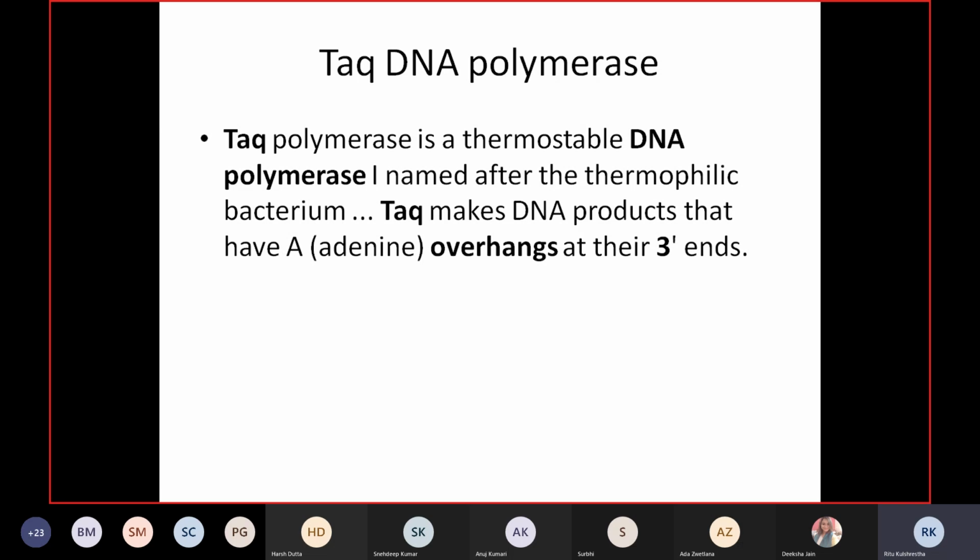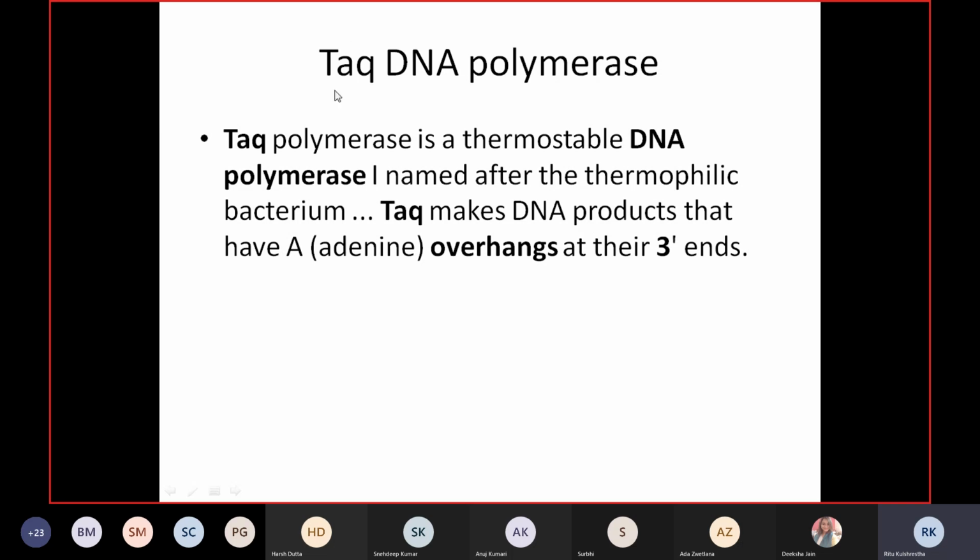Coming to Taq DNA polymerase, we will revisit this when I'm telling you about PCR, but I'm probably 100% sure that you know about Taq DNA polymerase. It is a polymerase which works very well at very high temperature, which is required in any PCR reaction, and it's thermostable.